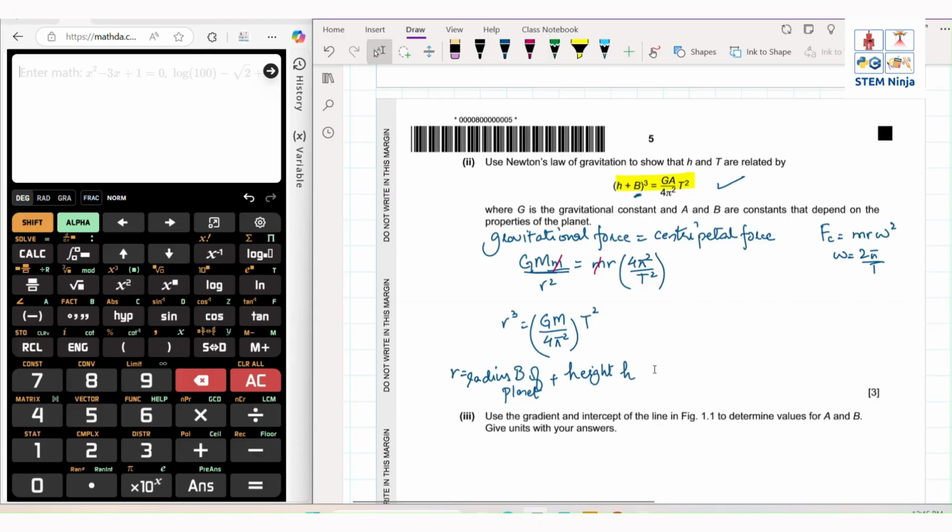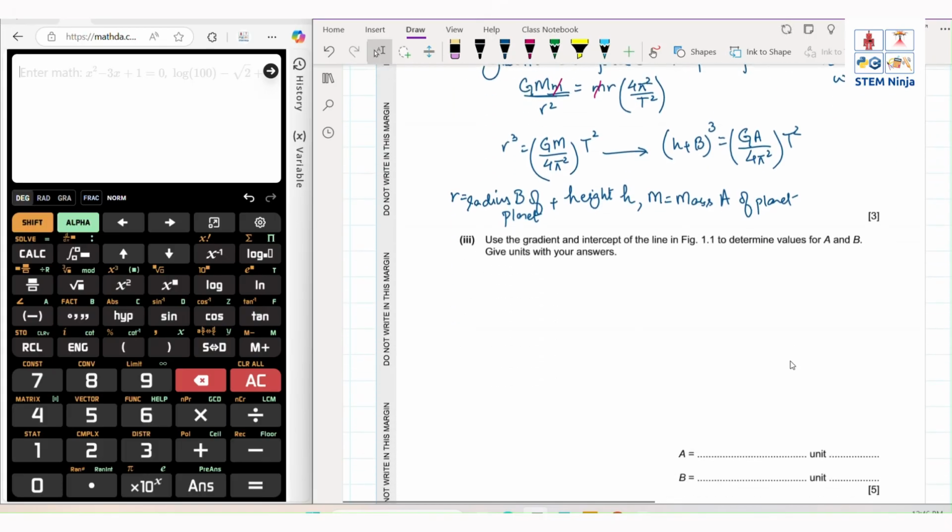Secondly, mass M is the mass A of the planet. Therefore this becomes (h plus B) cubed equals GA over 4 pi squared times T squared. That's it. That's all we have to do for now.